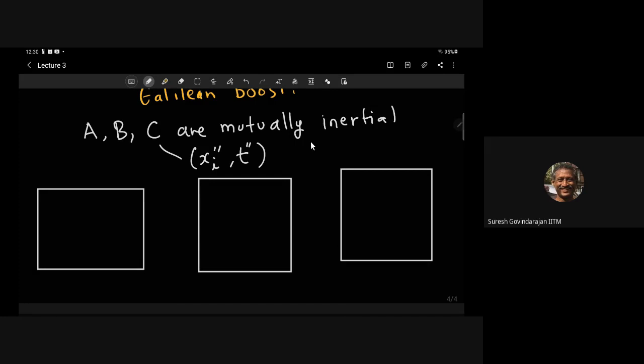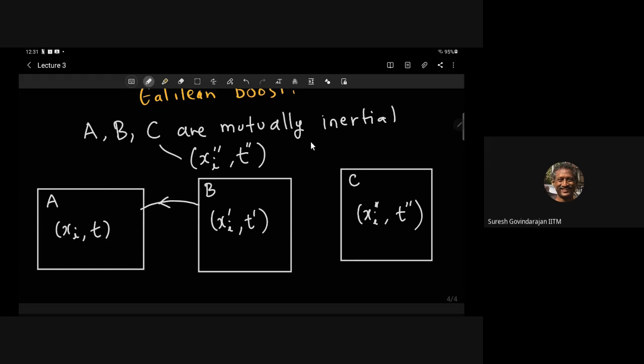Okay, so this is frame A with coordinates, frame B, frame C. We already saw that there was a transformation which let you express xi prime and t prime in terms of a Galilean transformation.